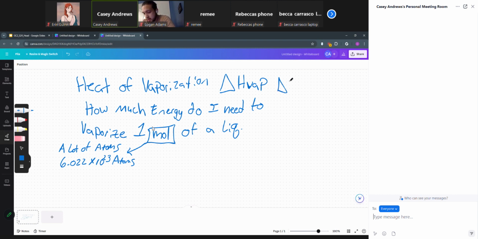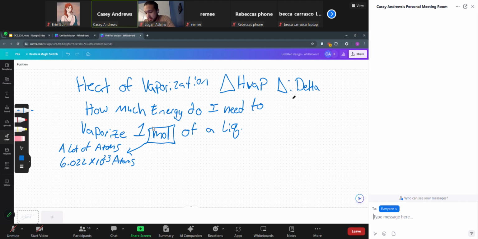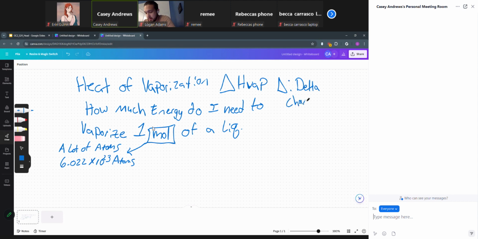That triangle is pronounced delta. Anytime you see that, the translation is change. You are looking at a change. Usually when we talk about delta, we are looking at final state minus initial state.